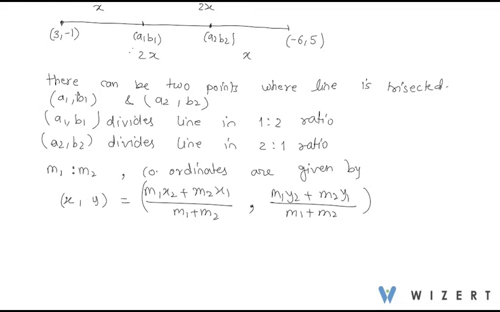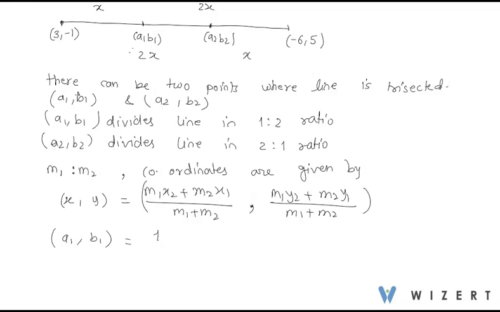Here we have x as a1 and y as b1, and m is 1, because (a1, b1) is dividing in 1:2 ratio, so m1 will be 1 and m2 will be 2.